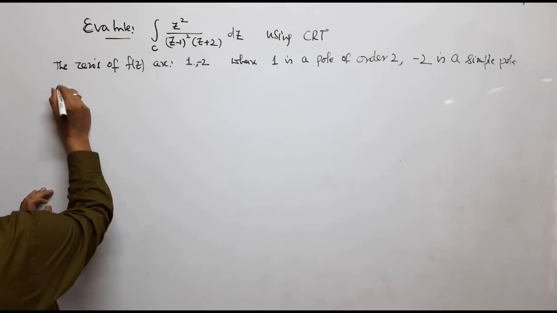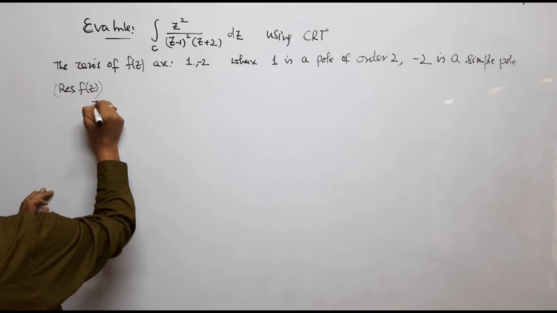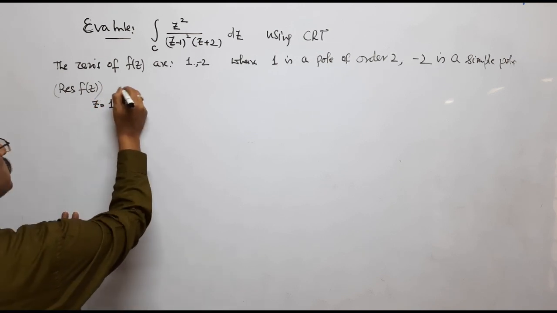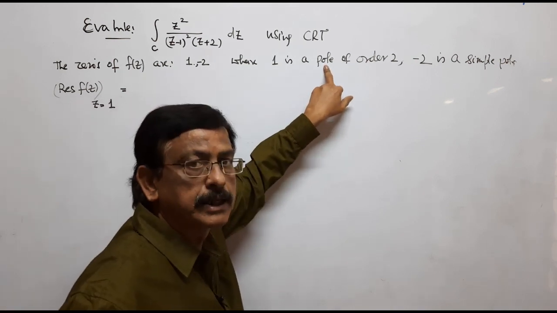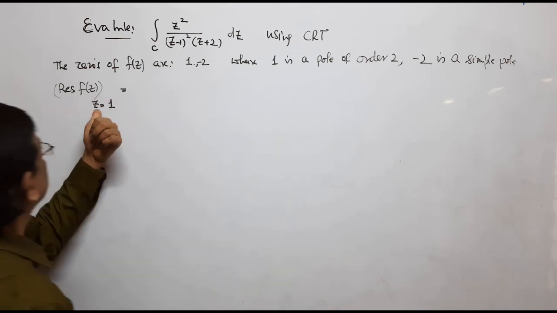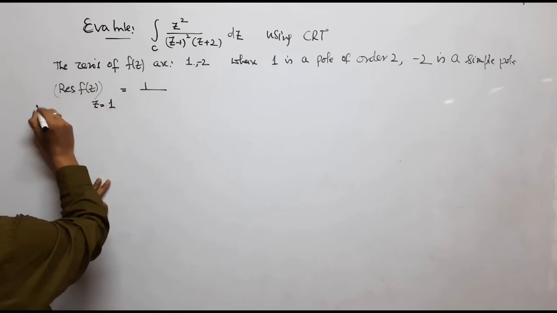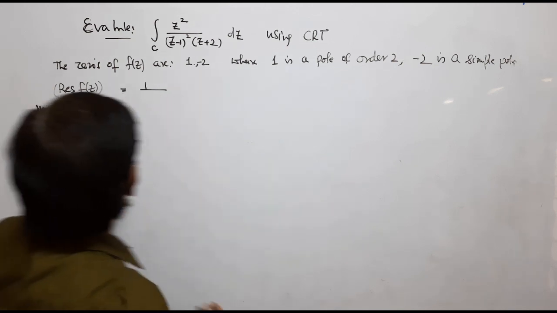So residue of f(z), z is equal to 1. Now I will make use of this remark 2 for calculating at z equal to 1, because it is a repeated pole. It is a pole of order 2, so m is 2.